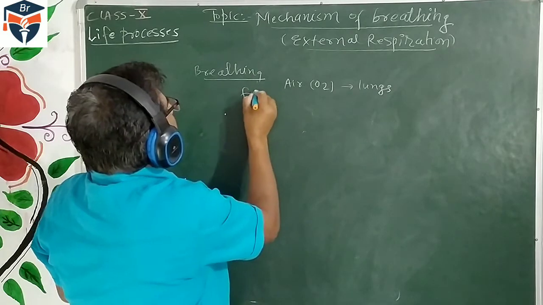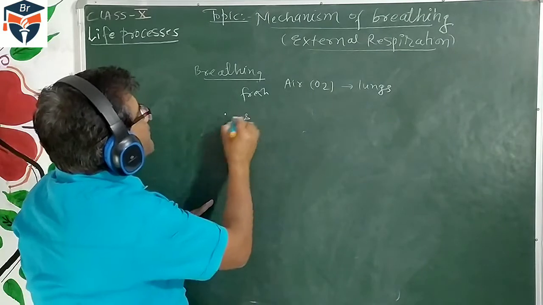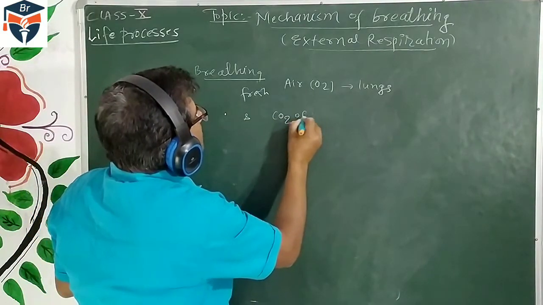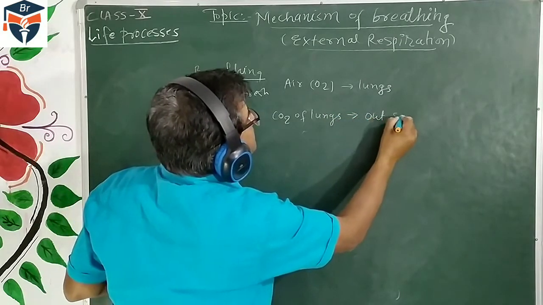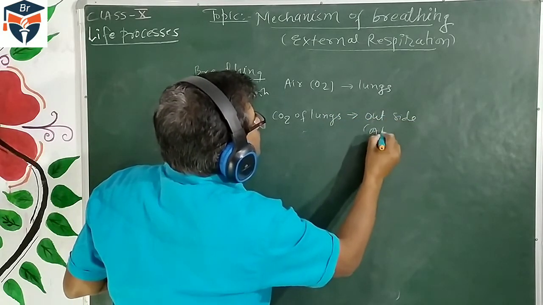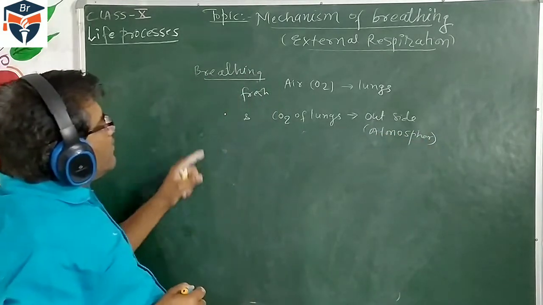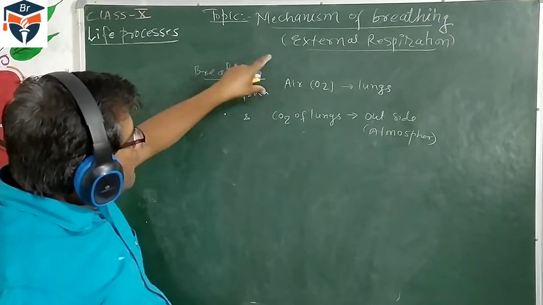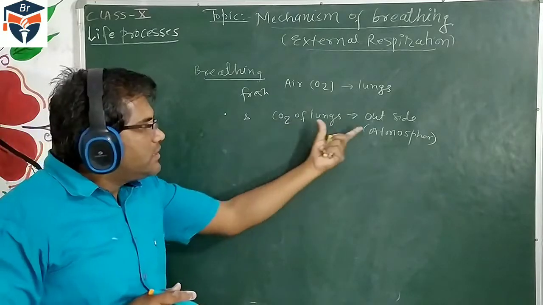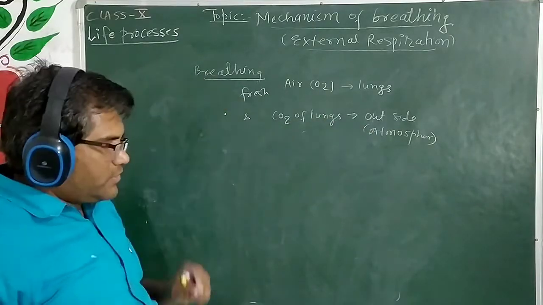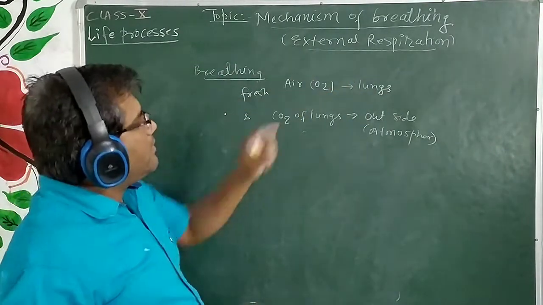It means fresh air enters into the lungs and carbon dioxide of the lungs comes outside, into the atmosphere. So in this general process of breathing, oxygen enters into the lungs and carbon dioxide of the lungs comes outside. This process is called breathing, or it is also known as external respiration.